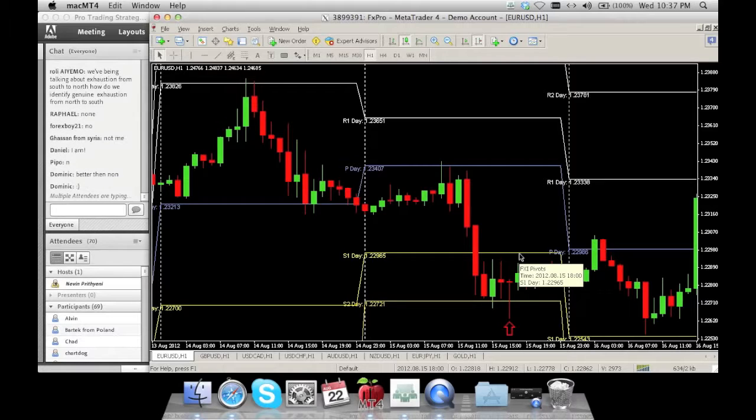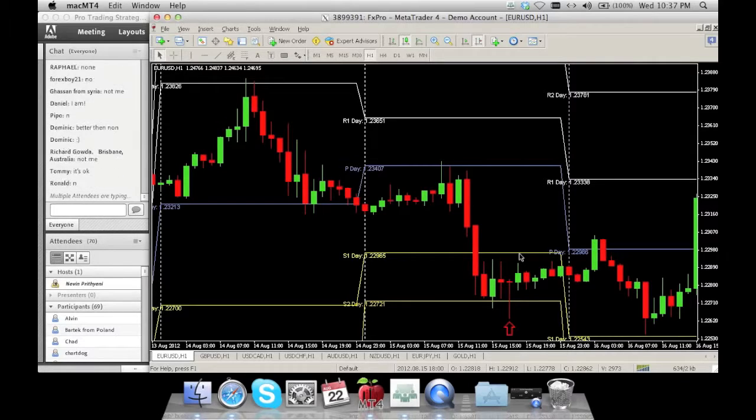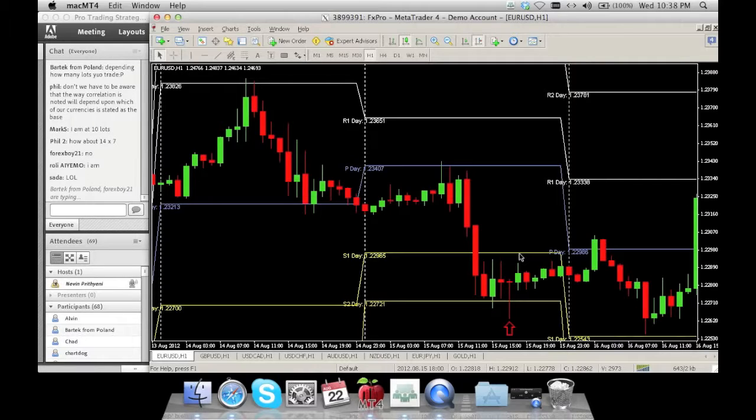Dominic says better than none. That is a good way to look at it. But if you are happy with 14 pips, even if it's guaranteed, you are over leveraging. It's as simple as that. The moment a small amount of pips makes you happy, it means you are using too much leverage and too large lot sizes.